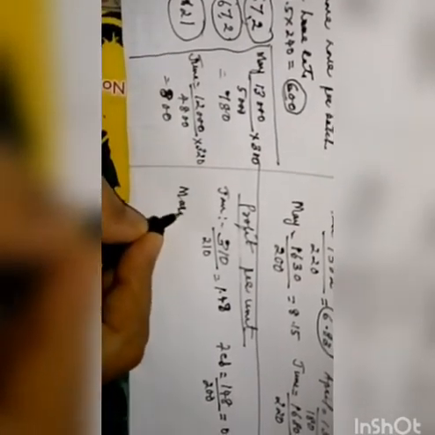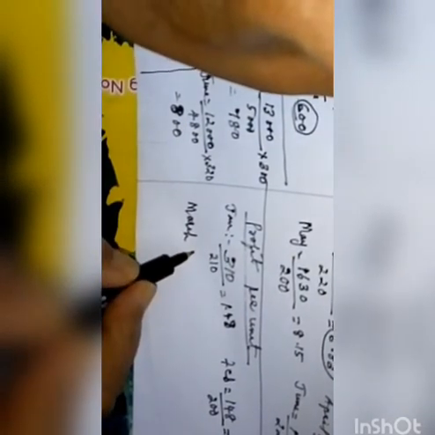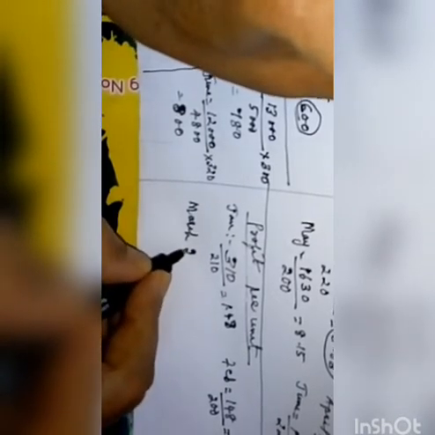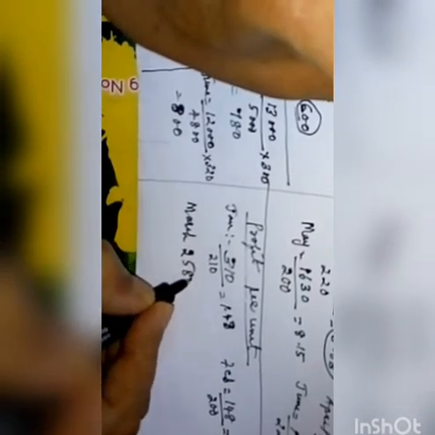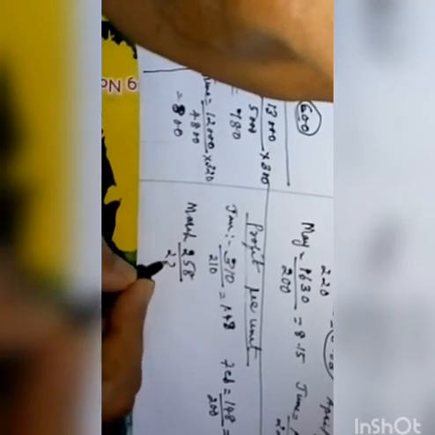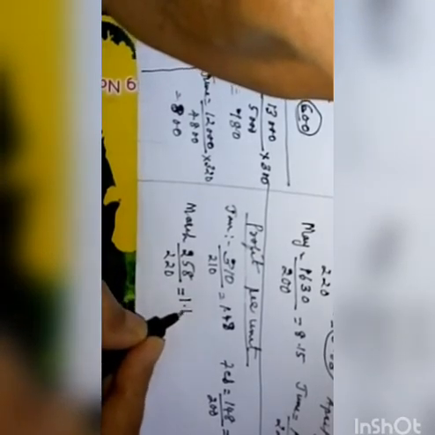Then for March month, total batch wise profit is 258 divided by total number of units produced 220, and the profit per unit is 1.17.